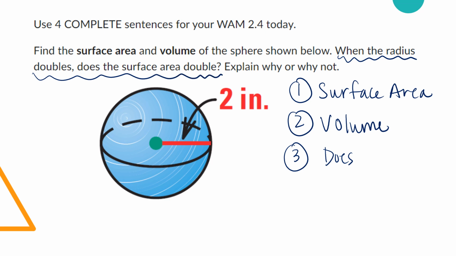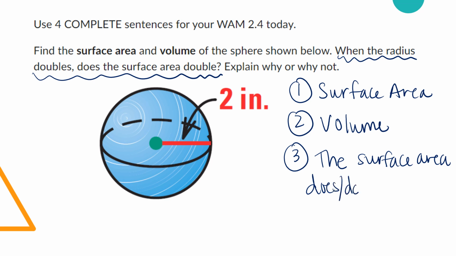So you can say the surface area does or does not double when the radius doubles, and then the fourth would be explaining why.